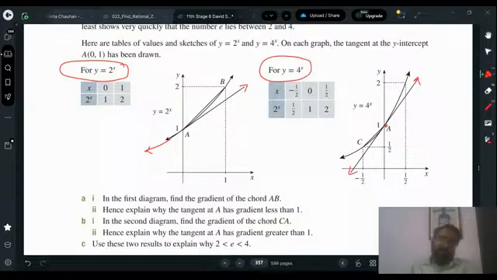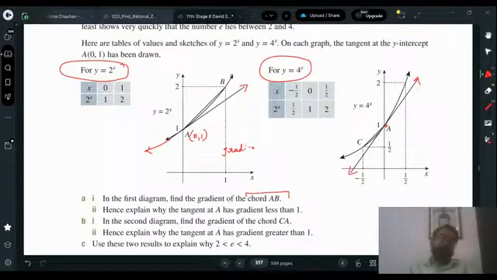This is the chord AB. What is the gradient? Chord AB: y difference upon x difference. What is the point A here? It's (0, 1).